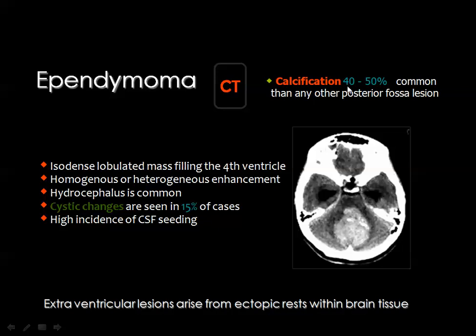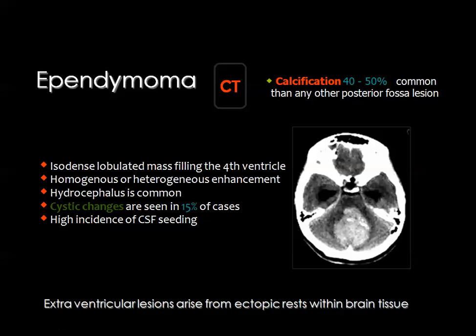Then whenever you inject the contrast media, you may get homogeneous or heterogeneous contrast enhancement. And because of its strategic location being centered to the fourth ventricle, the CSF flow will be obstructed, and the patient usually has supratentorial hydrocephalic changes.